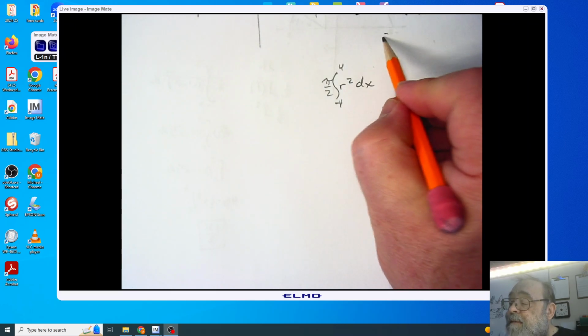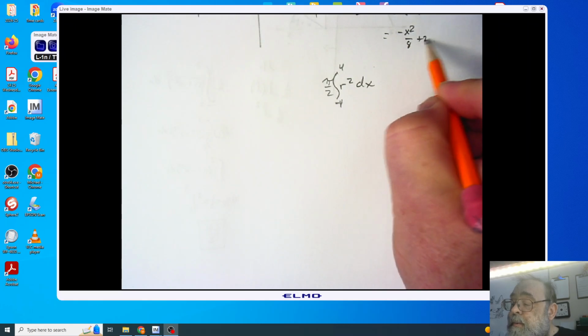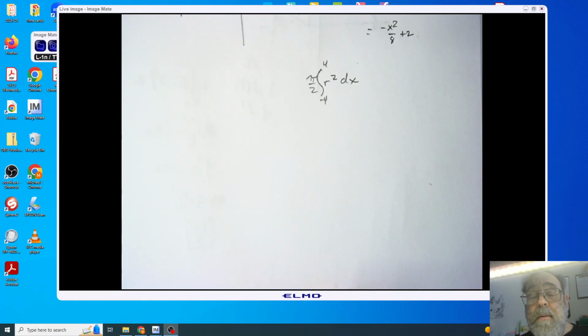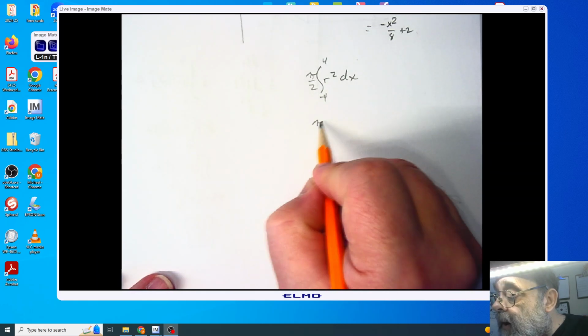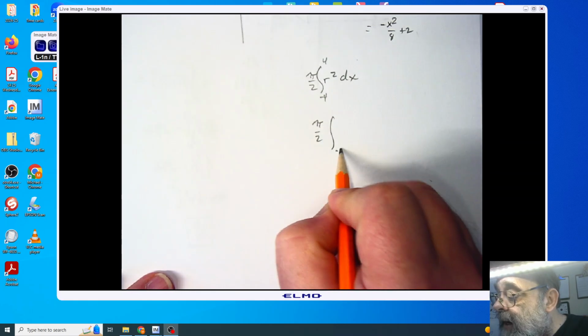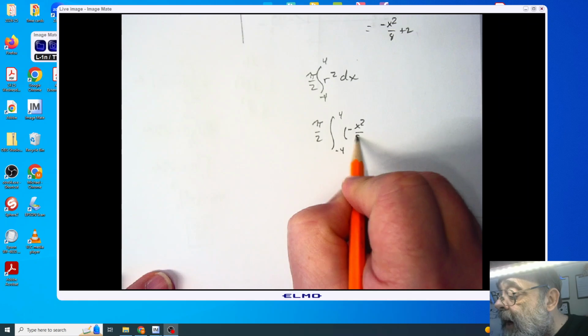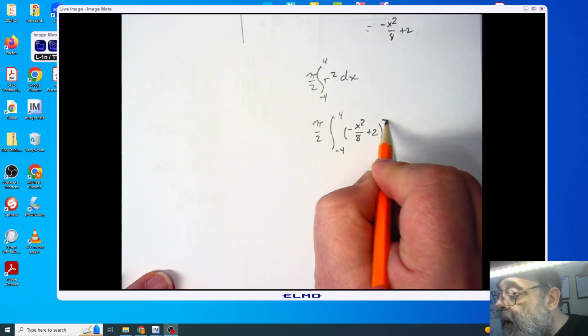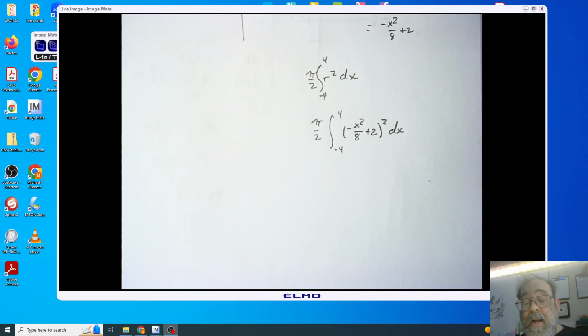So I'm going to put that in. Keep in mind that that 1/2 is going to make this negative x squared over 8 plus 2. Okay. So putting it together, we're looking at pi over 2 integrated from negative 4 to 4 of negative x squared over 8 plus 2, the quantity squared dx. And this is what I'm now going to integrate.